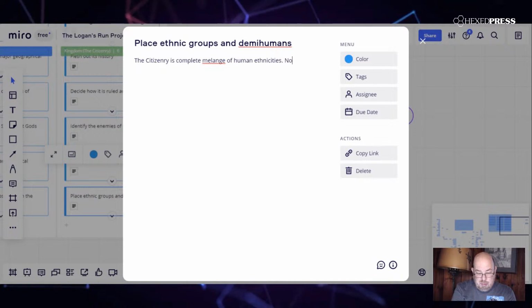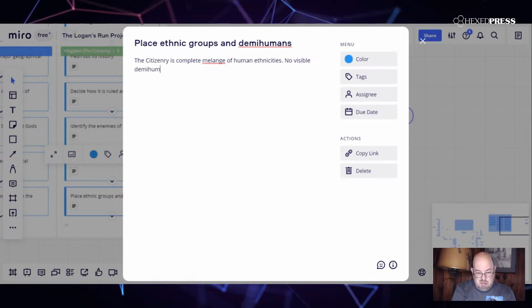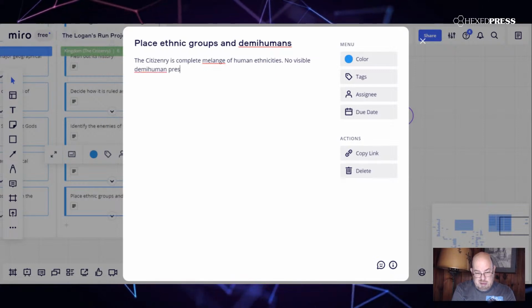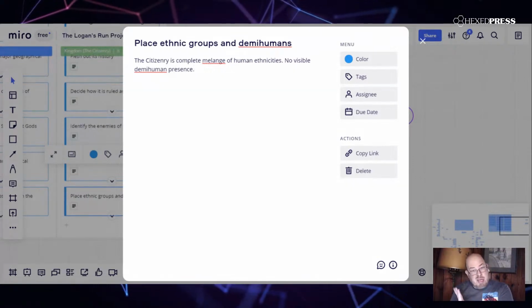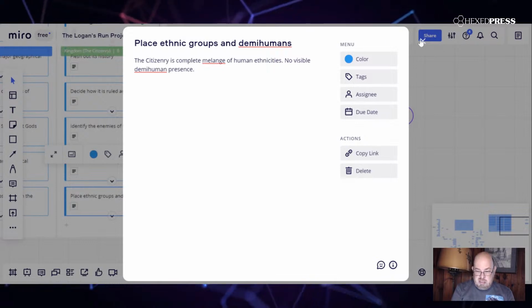And then I'm going to put no visible demi-human presence. That way, if we want to add them in as a hidden factor later, we're always free to come back and change our mind. This is just our initial thoughts. It's just human.